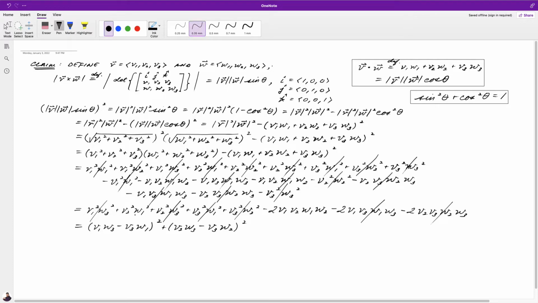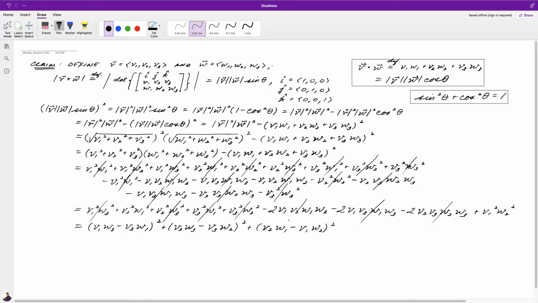We are missing a term here, aren't we? v2w1 minus v1w2, all squared, yes. So the v1w2 needed to be accounted for there. It was right here. So we just accounted for it.